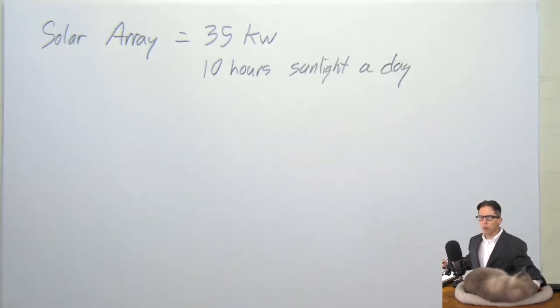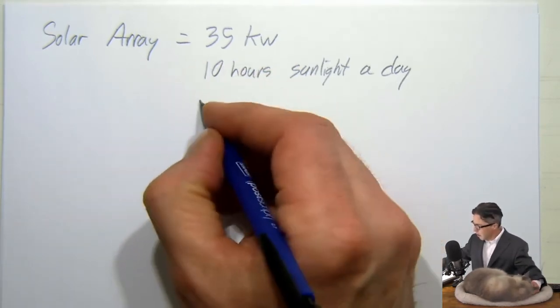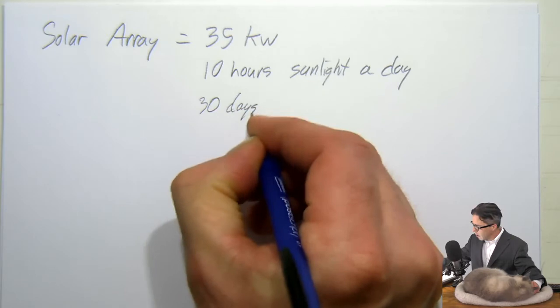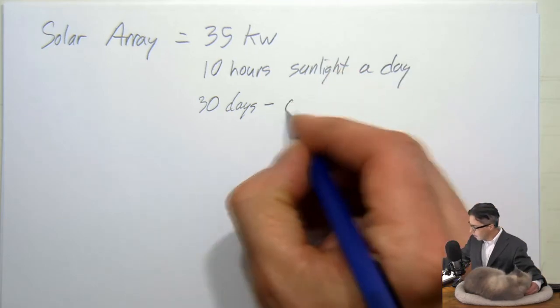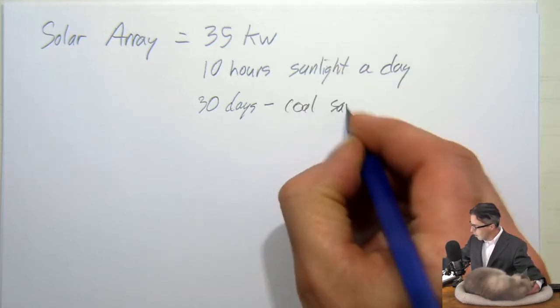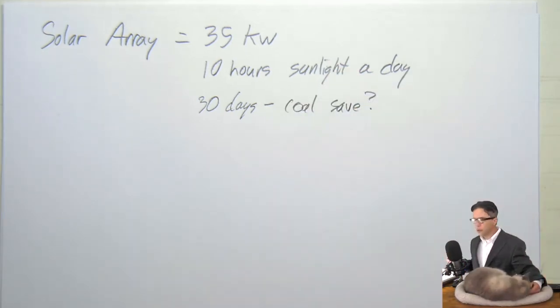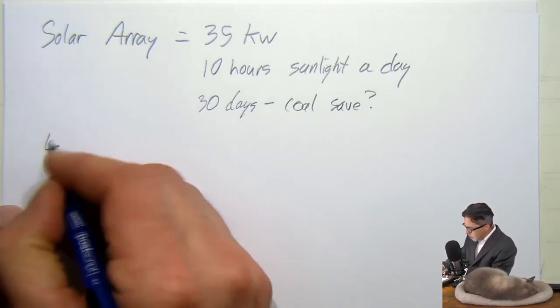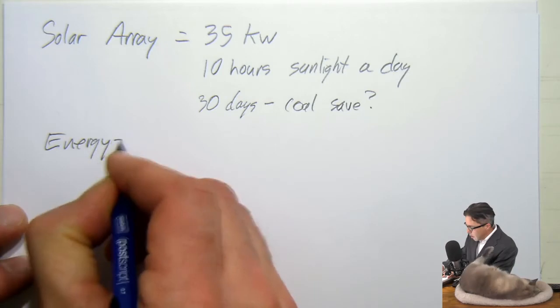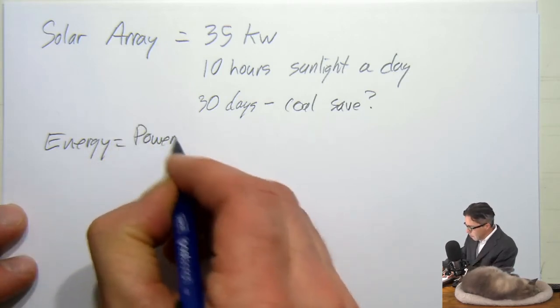And I want to know, in a month, in 30 days, how much coal does this save from being burned? So how much coal do we save with this solar array? Energy is power times time.